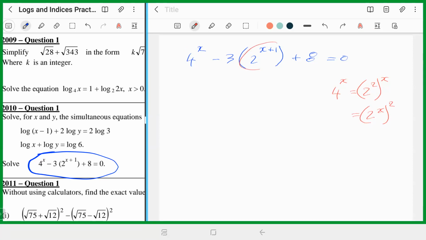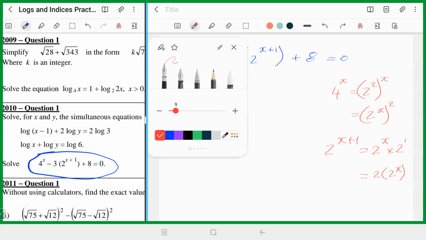And then the whole of this expression, this part of it first: 2 to the x plus 1 is actually the same as 2 to the x times 2 to the 1, using the laws of indices. And 2 to the 1 is 2, so it becomes 2 times 2 to the x. That's what the inside of the bracket becomes. But then we're multiplying it by the 3 there, so it actually becomes 6.